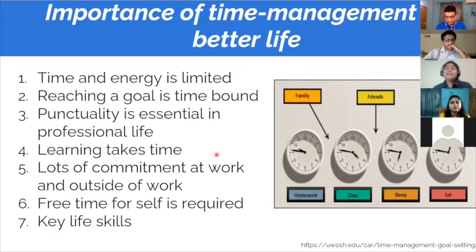So what is the importance of time management for a better life? I will just tell you the first one, and after that you can understand the others, okay? Because we have 24 hours, and as human beings we have limited energy. We cannot work every second of these 24 hours.